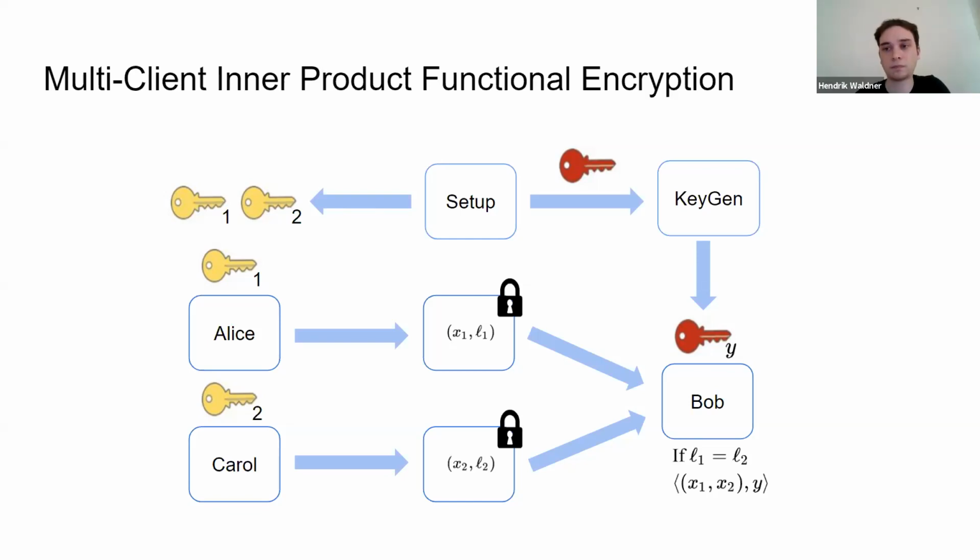Okay, but staying private key, if you're allowed to switch, like whatever Alice encrypts and Carol encrypts can be x1, x2 or x2, x1, does it still make sense? Yeah, there's also a security definition for this, but then of course you have to ensure that you have an additional leakage, right?